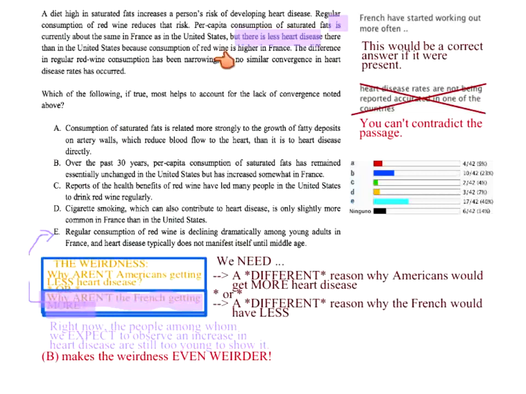They say that the red wine consumption has been approaching American levels. So that's why there is a weirdness in the first place. But then that weirdness is explained by the fact that those people are young. I don't know if it's a simple yes or no answer to your question, but one of those things is the reason why we even have to explain anything. And then the other part of it is what actually does the explaining. Okay.